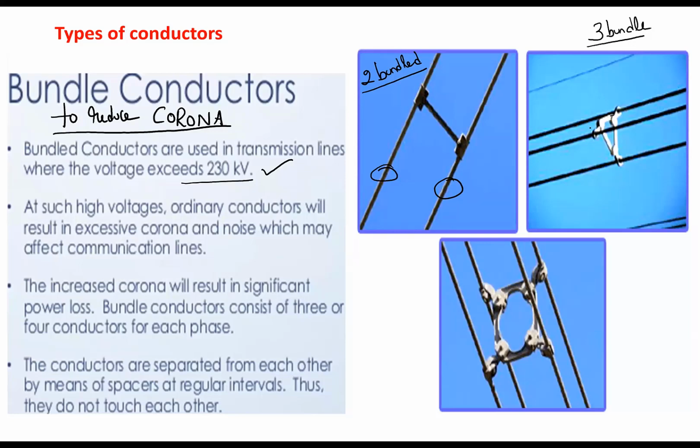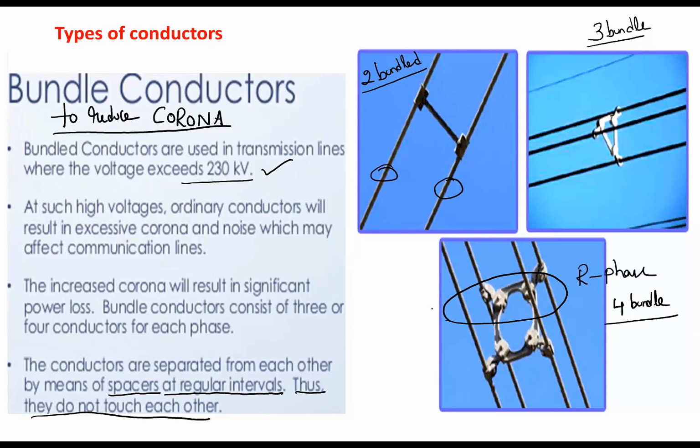Now here in this image you can see four bundled conductor. The conductors are separated from each other by means of spacers at regular intervals. Thus they do not touch each other. So this is all one phase conductor, that is, this is one R phase conductor.